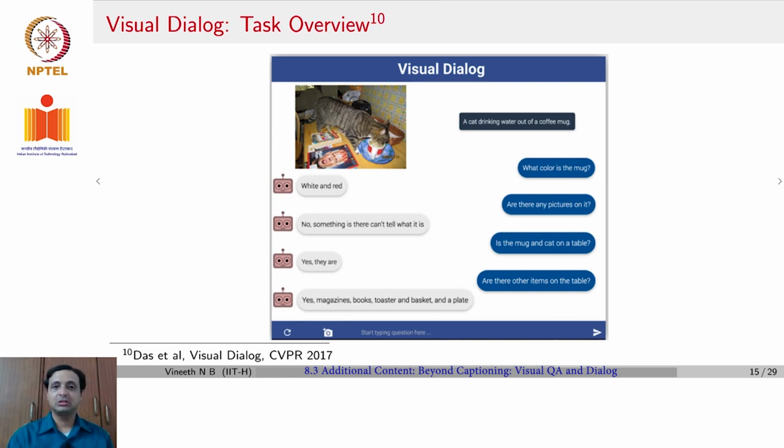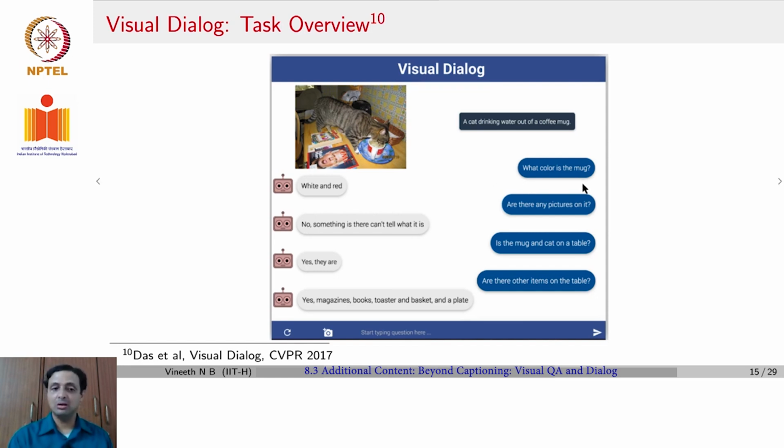Given this image and given this caption which says a cat drinking water out of a coffee mug, visual dialogue is like a chatbot, but a chatbot that asks and answers questions with respect to an image rather than simple free text.